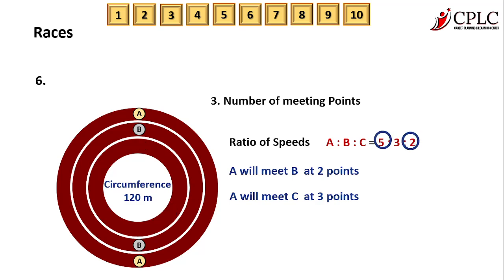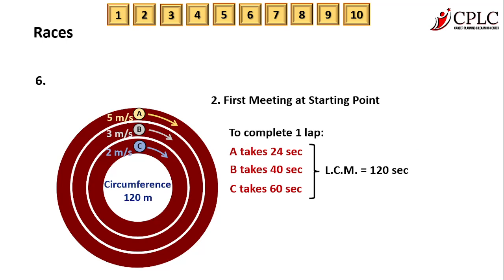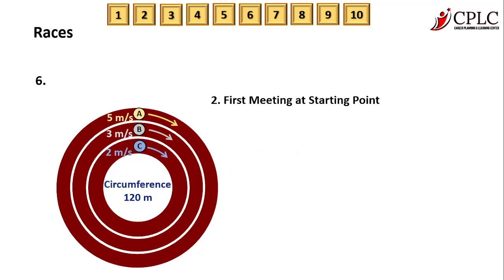The other question that we have left, question number 2, says first meeting at the starting point. Just now we said that there is only one meeting happening among all three of them together, which is at the starting point. So whatever is the time taken for the first meeting is ideally the time taken for the starting point also.